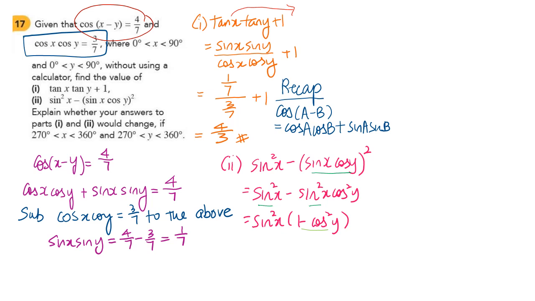Right, if you were to remember, sine squared y plus cos squared y equals to 1. So therefore, 1 minus cos squared y is equal to sine squared y.